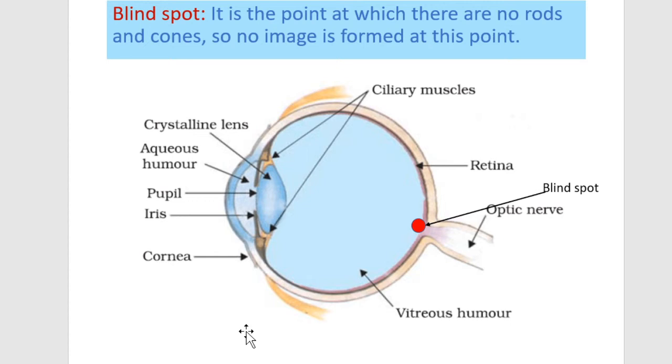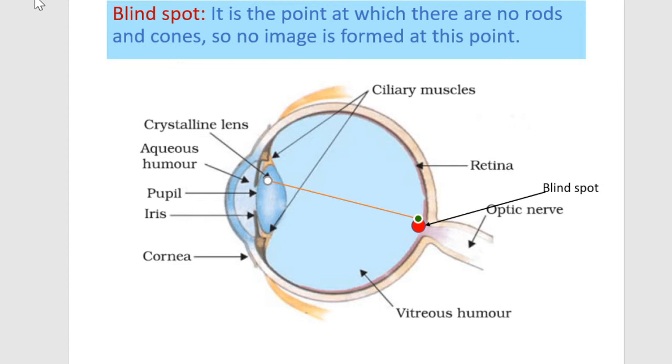Suppose the light which enters the eye from outside, due to some defect, let me just show you something like this. Let's say the light rays come here, and I will insert another image.